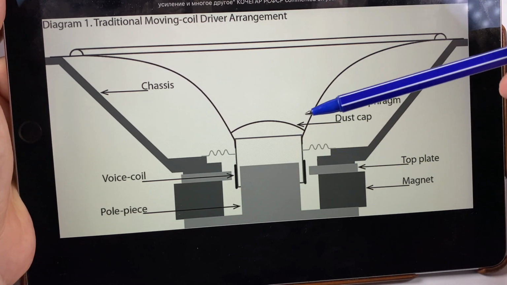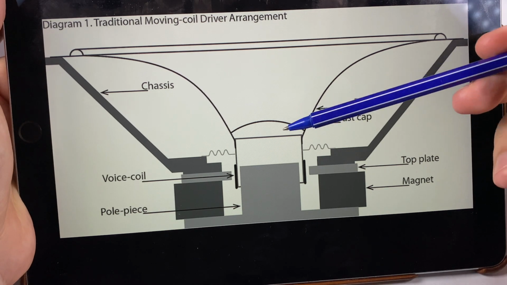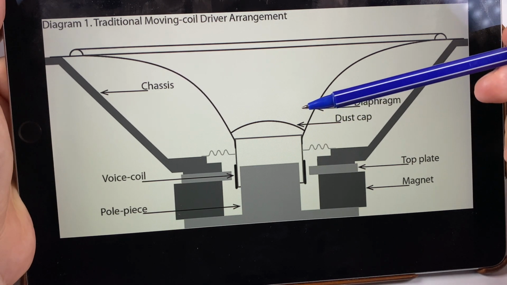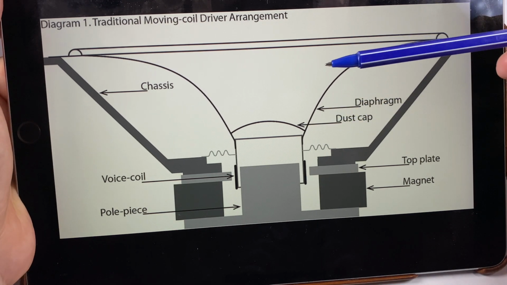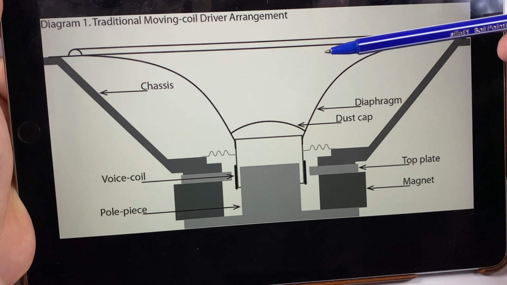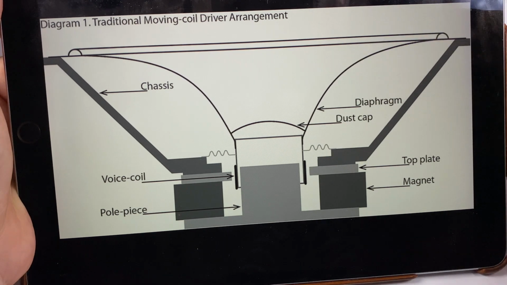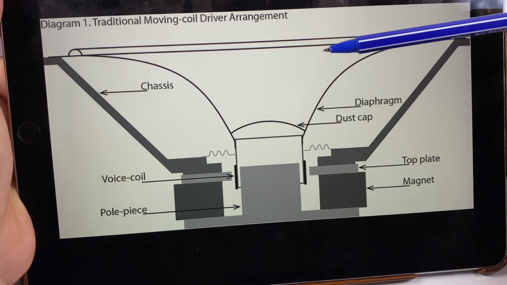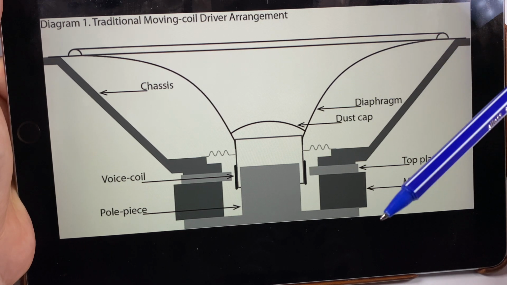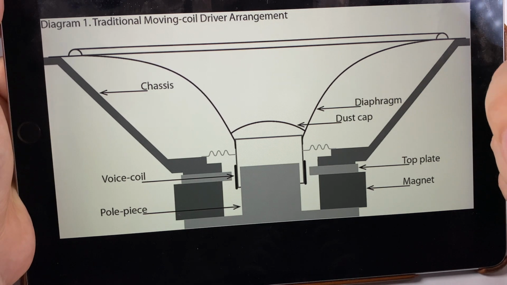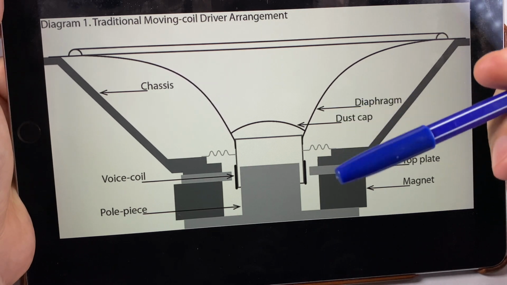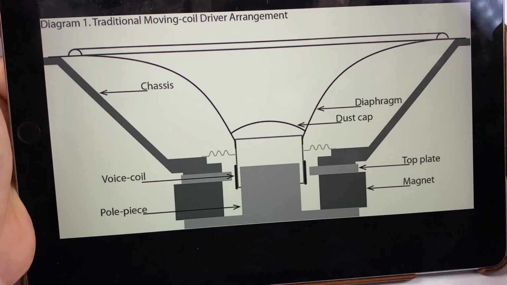But the first plus is that it can pump a lot of air, and we need that for good low frequencies. Also, it's a pretty cheap technology because it's really well developed. And another plus of this schema is that it has an almost linear impedance curve, and that's also important.